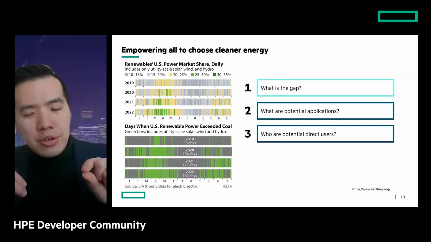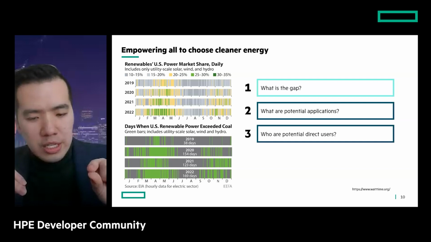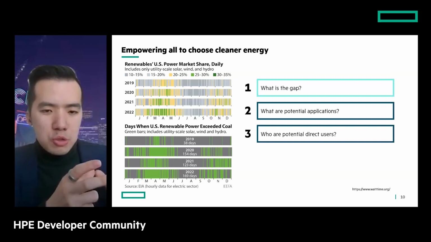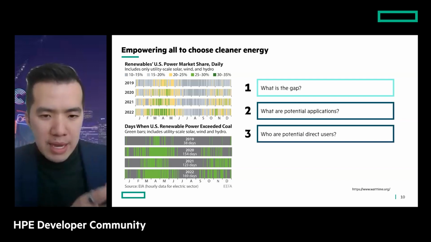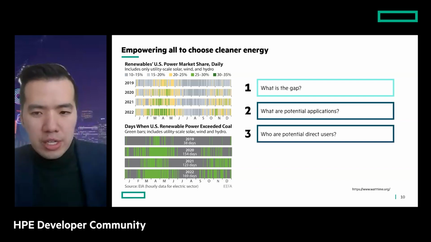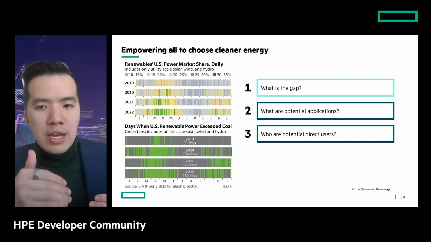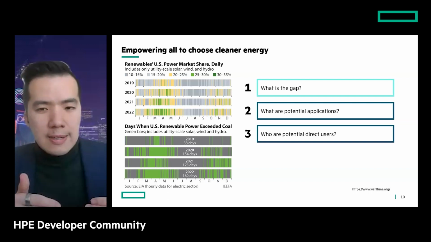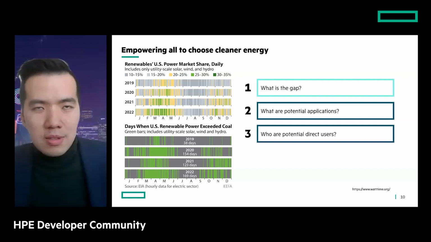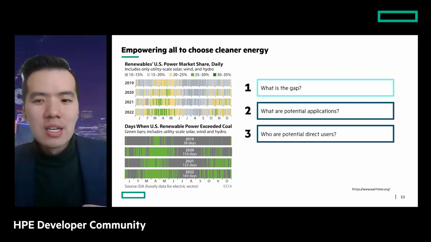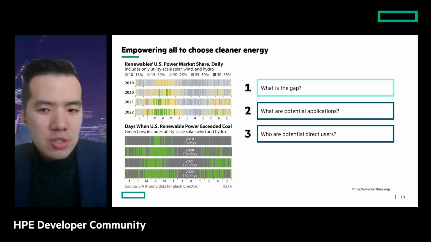And the gap they were particularly focusing on is there are lots of enterprise-related solutions for energy management, again, targeted at businesses. But when it comes to direct-to-consumer and customer choice, there wasn't much in the marketplace, right? And so for those reasons, they wanted to find out the answer to that question.